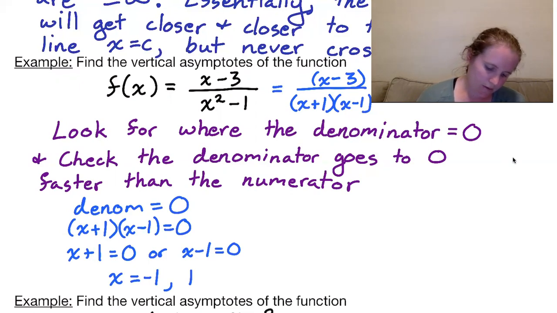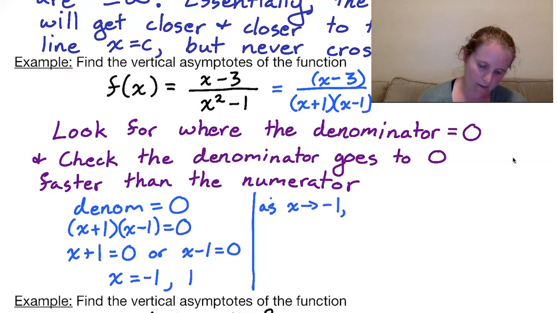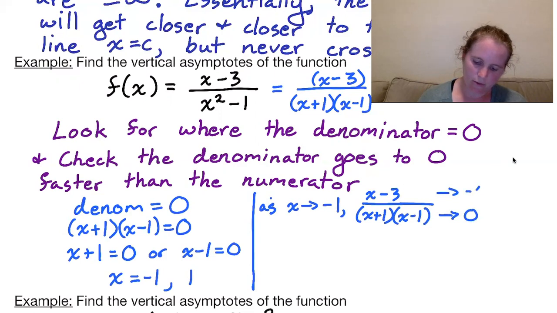So if we look at x going to negative 1, we have our fraction x minus 3 over x plus 1 times x minus 1. The bottom is going to go to 0, and the top will go to negative 4.